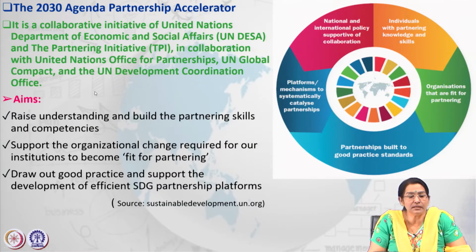So, the 2030 Agenda partnership primarily focuses on global partnership. Other agencies across the globe have also collaborated with that, like the United Nations Department of Economic and Social Affairs, UN DESA, and the Partnering Initiative, then other United Nations offices, all kinds of UN agencies, global agencies, even the United Nations Higher Education Council, UNICEF, UNDP.